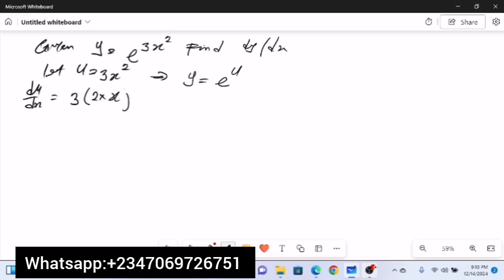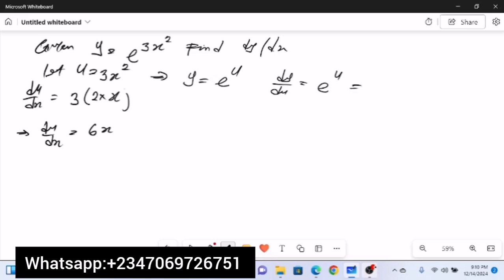So this simply implies that du all over dx is actually what? 6x. Now from y is equal to exponential u, I can simply differentiate y with respect to u. And if I do that, derivative of an exponential function still remains the function. So I still have exponential u as the answer.